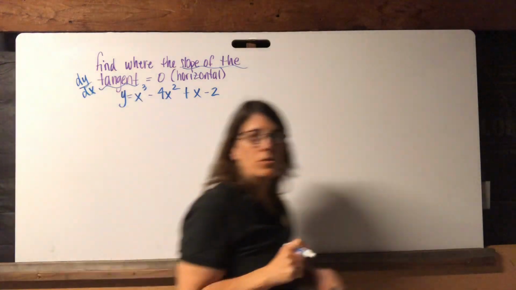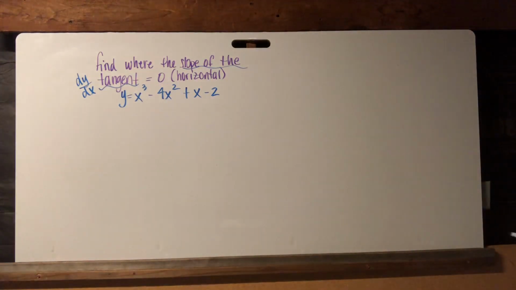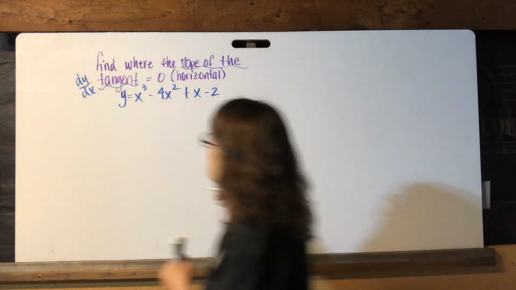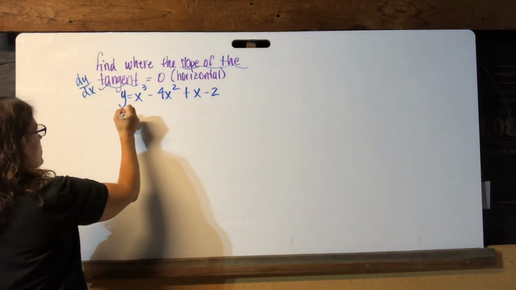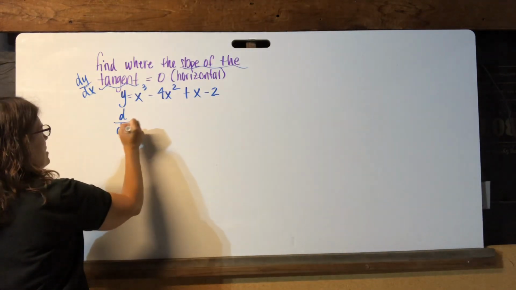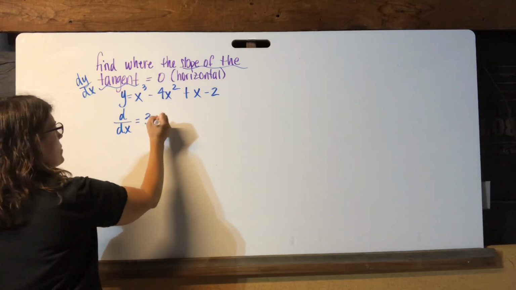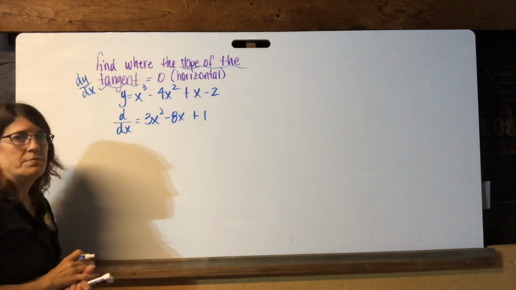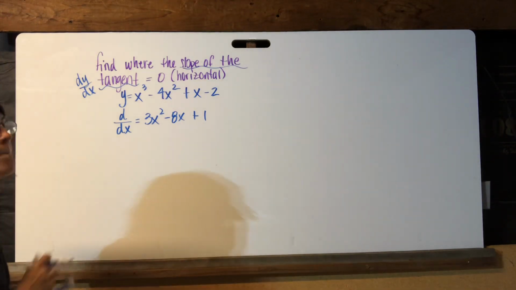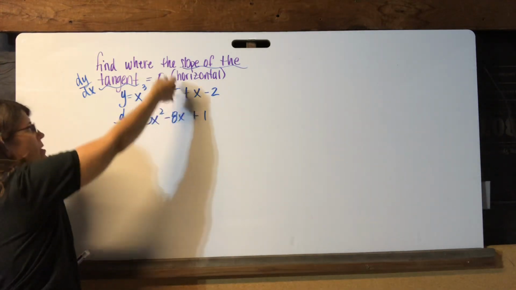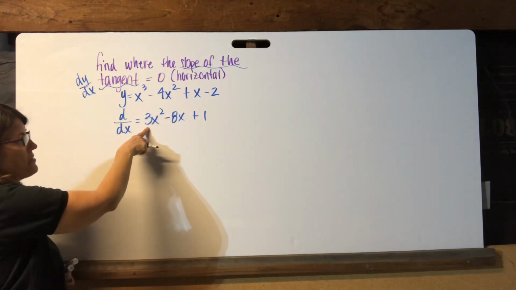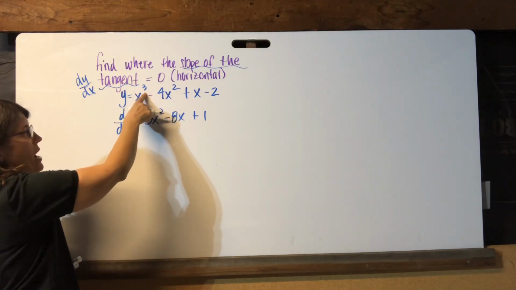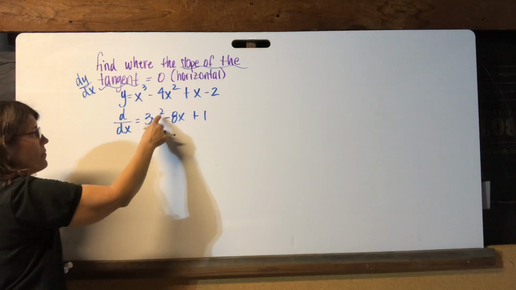Let's use the power rule. So the derivative with respect to x is 3x squared minus 8x plus 1. Exponent moves down to front, becomes a coefficient, decrease the power by 1. So it went from 3 to 2.